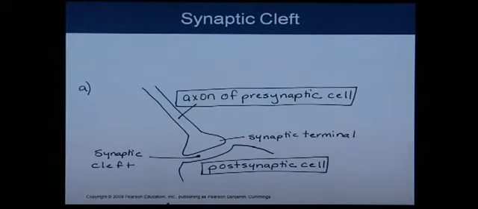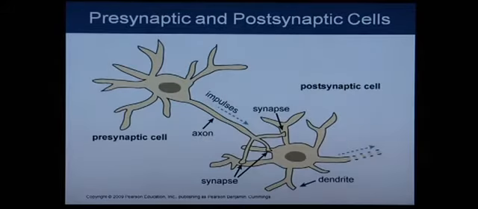So here's a close-up view that I have included to show you what it looks like at the tip of a synapse. What we're doing here is just zooming in at this area right here where the synapse touches the postsynaptic cell.